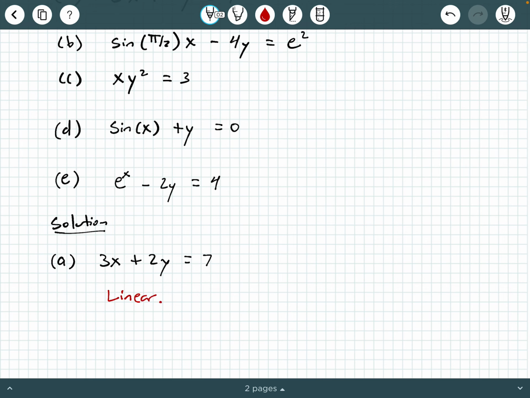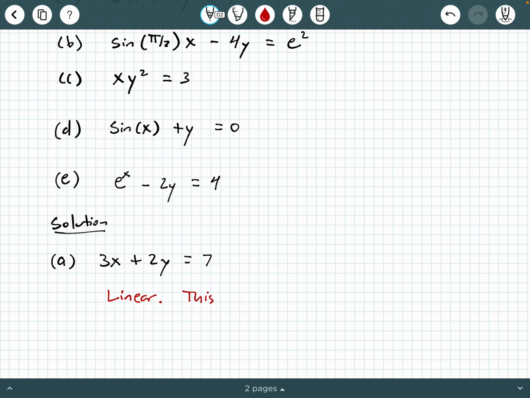Why is it linear? Well, remember, what is the definition of a linear equation? A linear equation relates these two variables, x and y, your independent and dependent variables, by a constant value, which we typically call the slope, okay? And so we can rearrange this and put this in slope-intercept form if you want, or you could just look at it immediately and say it's already in standard form, right?